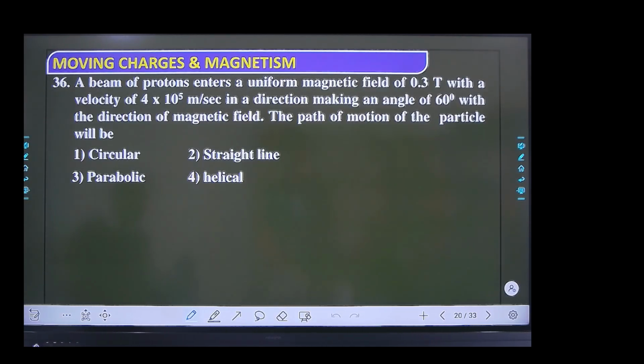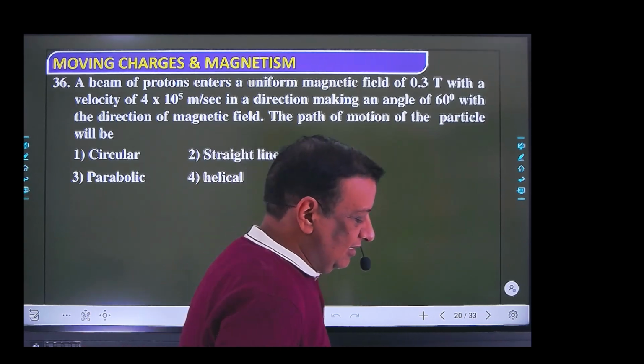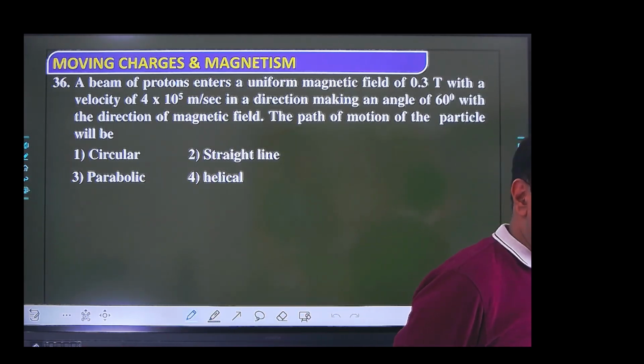A beam of proton enters a uniform magnetic field of 0.3 Tesla with velocity 4 into 10 raised to power 5 meter per second in a direction making an angle of 60 degree. मैग्नेटिक फील्ड और वेलोसिटी में एंगल थीटा, whatever be the angle. अगर एंगल जीरो हो तो पाथ फॉलोड क्या होता है?